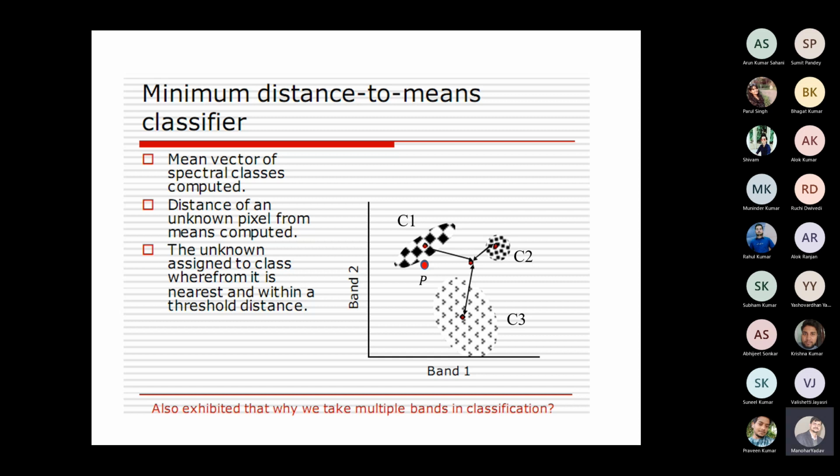While the highest variance we get in C3, it means the pixels are scattered from the mean value. Okay. So variance is highest in class C3. Least variance we have in class C2, while the variance of class C1 is in between C2 and C3. It is evident from the graph.